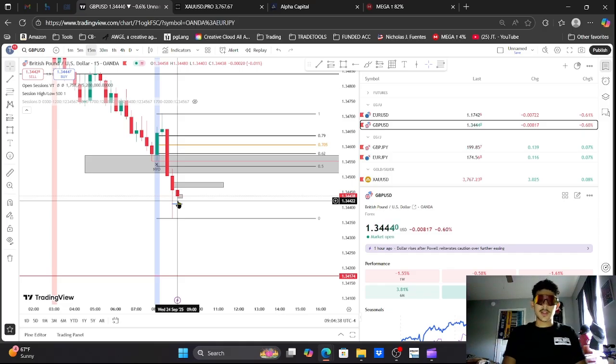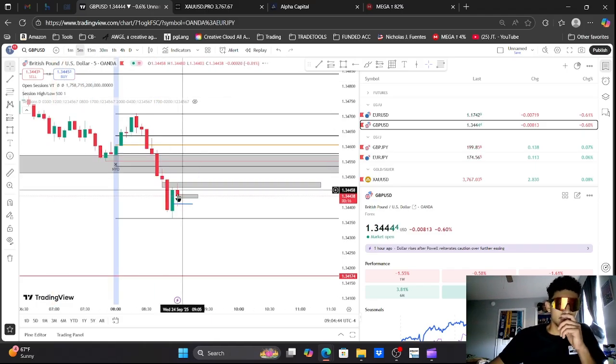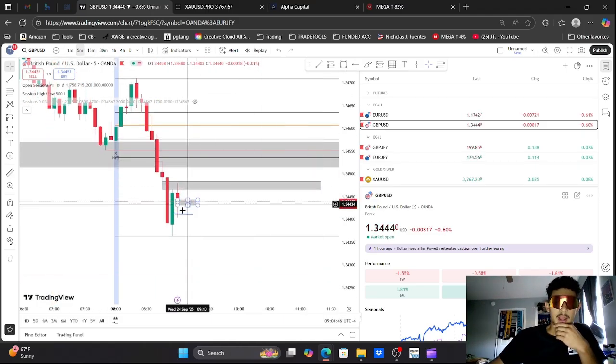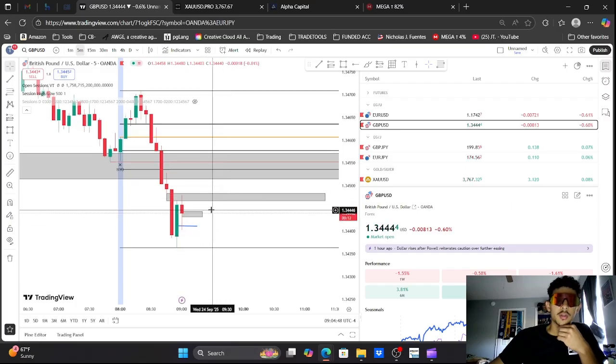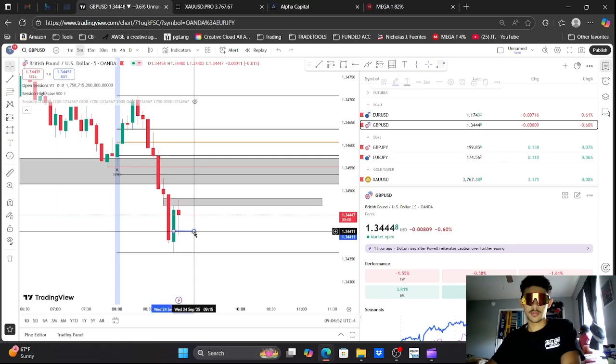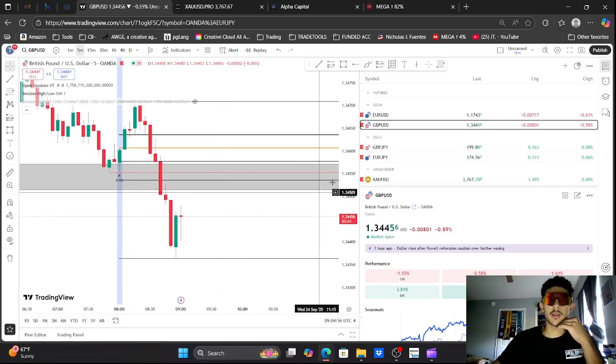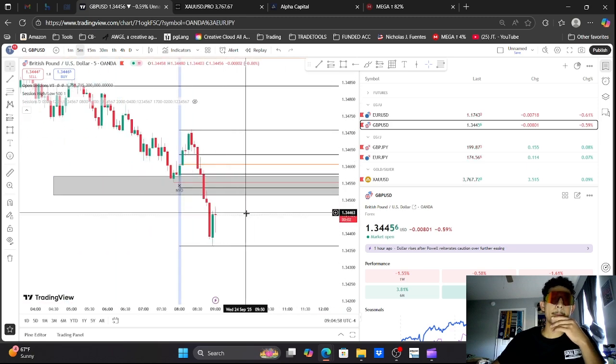On the 15-minute time frame, we have this huge wick. And we made this 5-minute high right here. So we'll stay patient. There's not really a reason to find 1-minute entries right now.